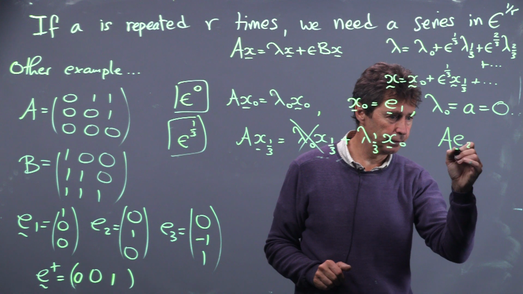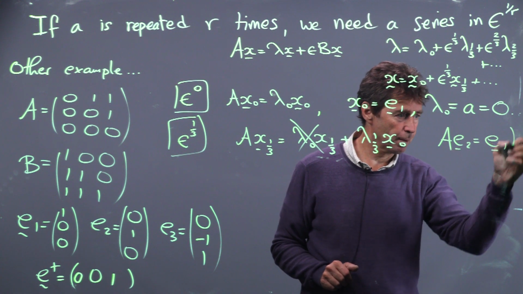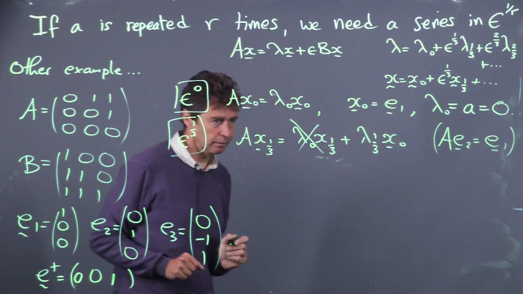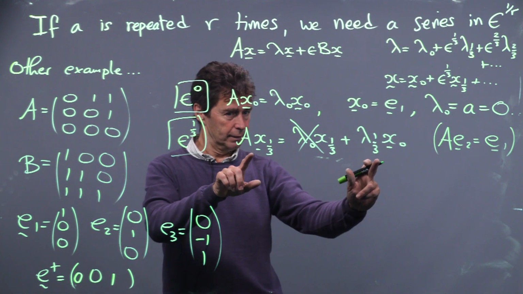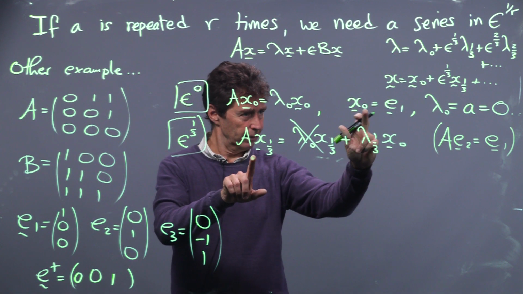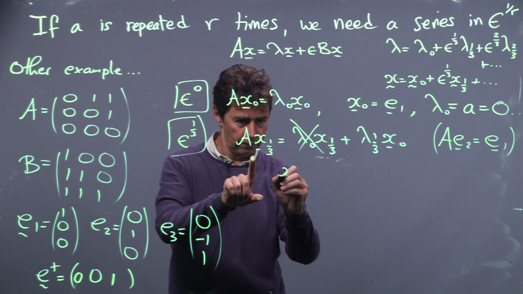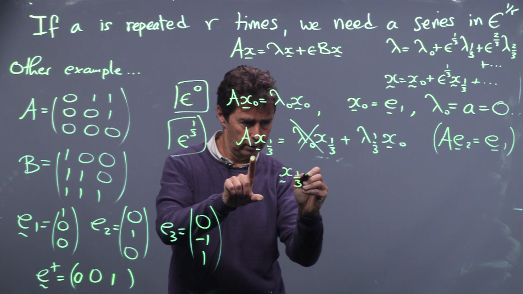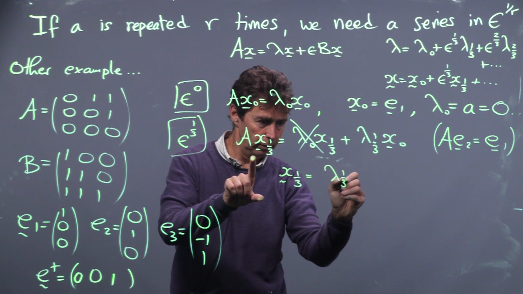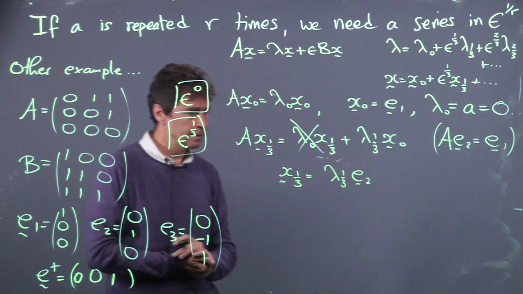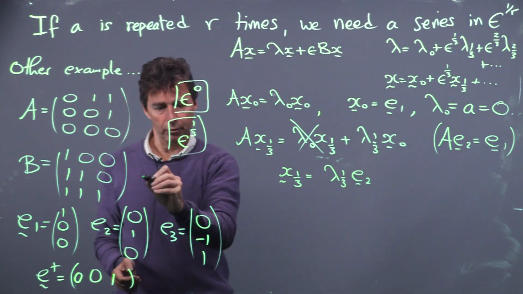A E2 is equal to E1 here because the eigenvalue is 0. And in other words, since x naught is E1, I can read off the fact that x 1/3 is equal to lambda 1/3 E2. Okay, that's just like what happened before.